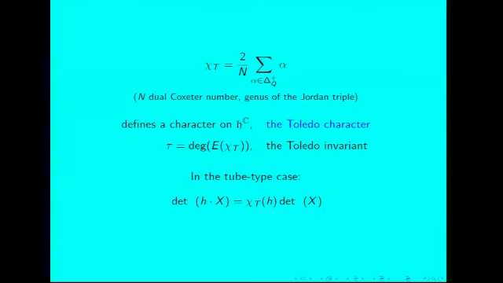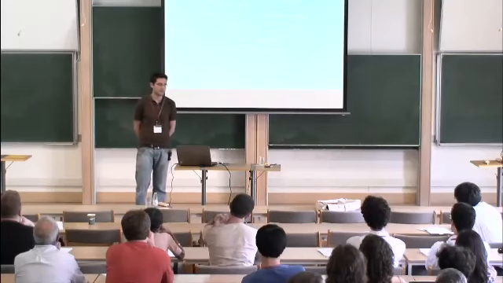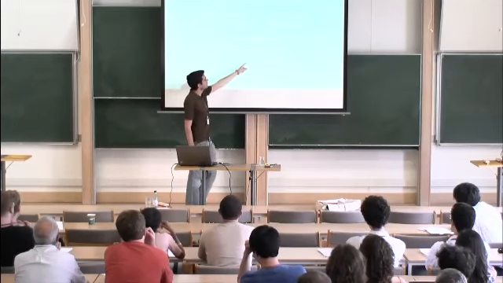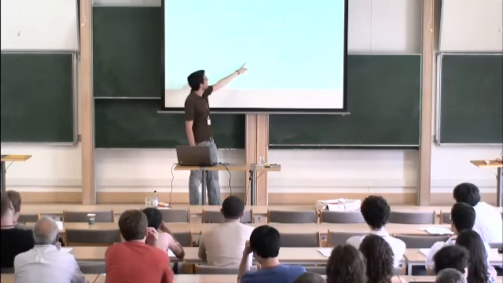In the tube type case, it's very nice that it describes the semi-invariance of the determinant of M plus, because here remember that M plus was a Jordan algebra. We had an action, the isotropy representation of H C on M plus.